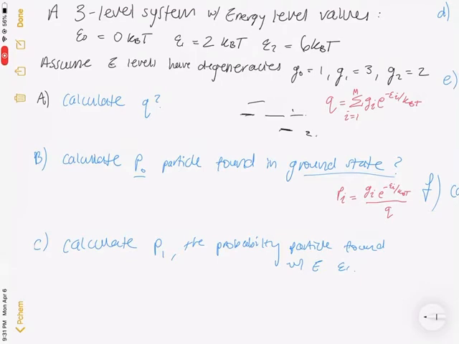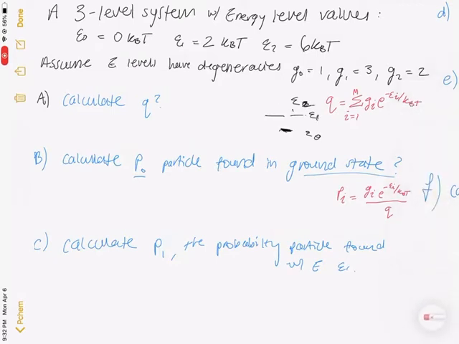This is energy level 0. There's only one degeneracy. At energy level 1, there are 3 degeneracies. And at energy level 2, there are 2 degeneracies, because we started at 0, 1, 2.